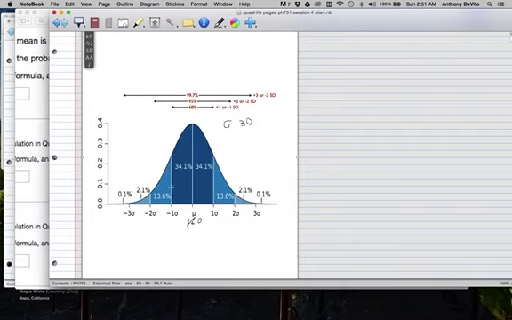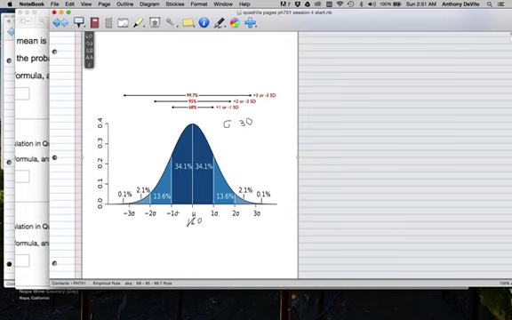Well, it would be the area to the left of the 130, or below one standard deviation. So if this is 34%, this whole area is 68%, and this is 34%, that leaves 16% below one standard deviation below the mean, or in other words, below 130 in the case of this particular normal distribution.